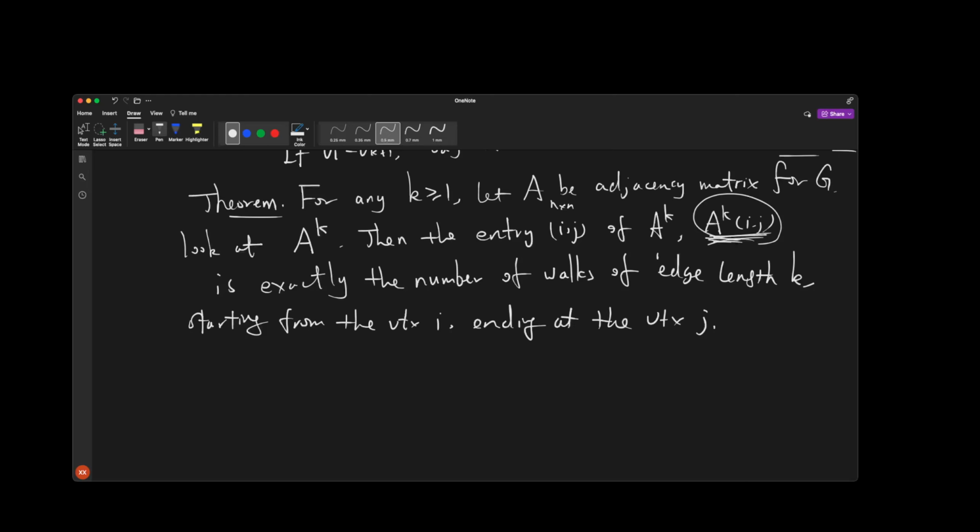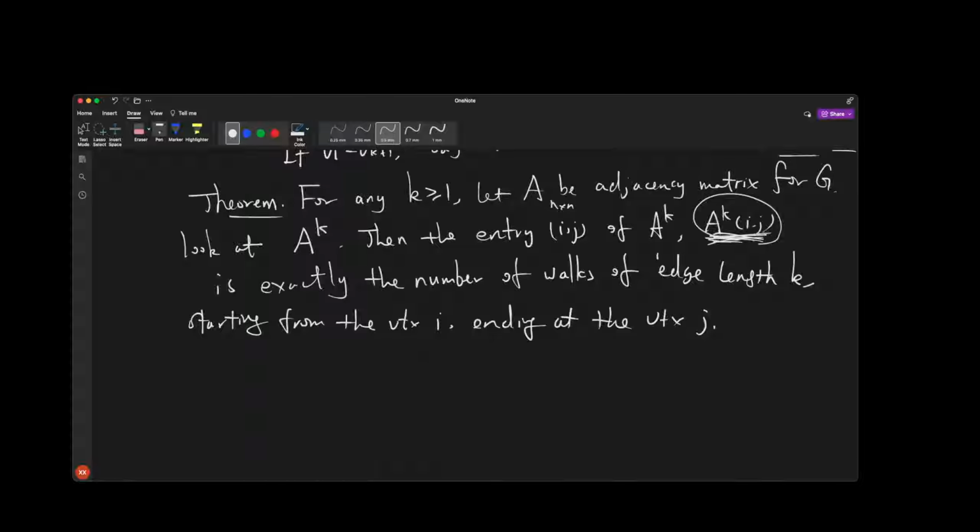So you have to start from i and end at j, and have k edges. So this is exactly this number. You just do multiplication of matrices. You get a matrix, and all the coefficients mean something. I think this is very beautiful.